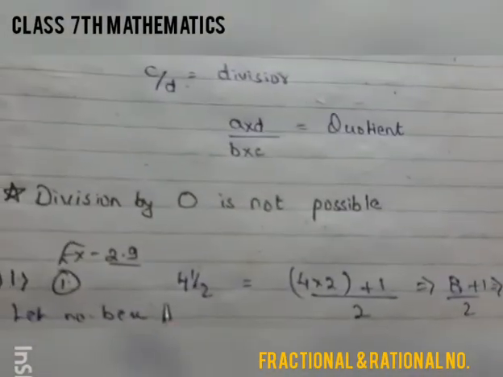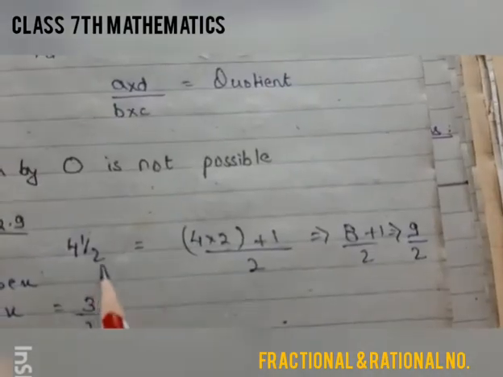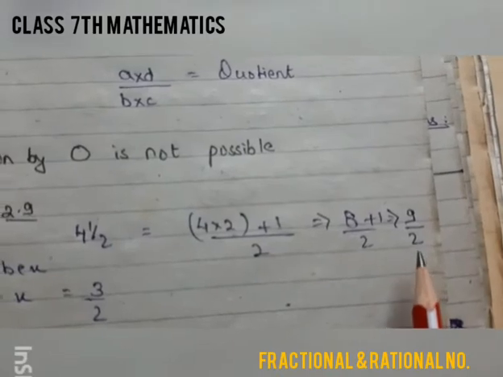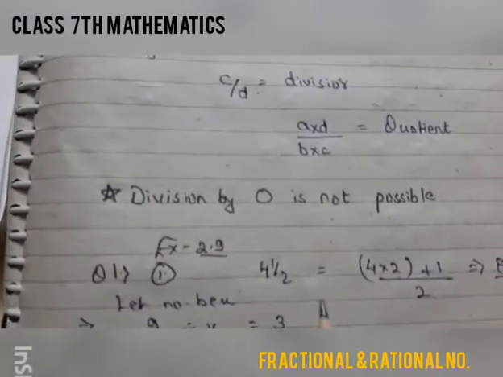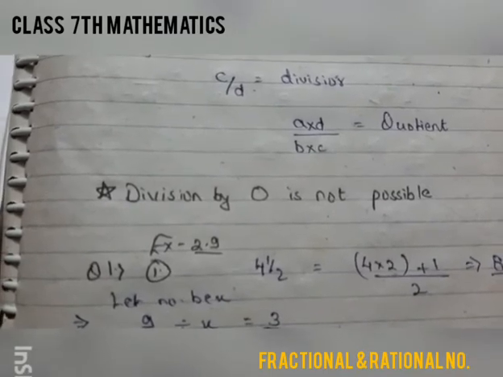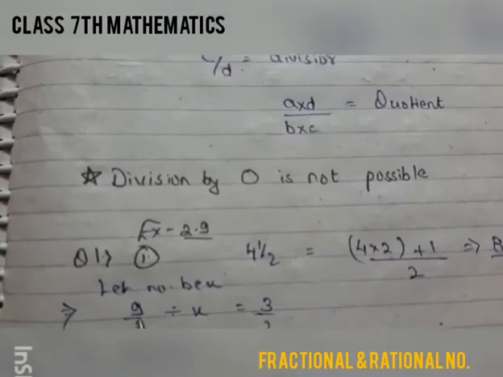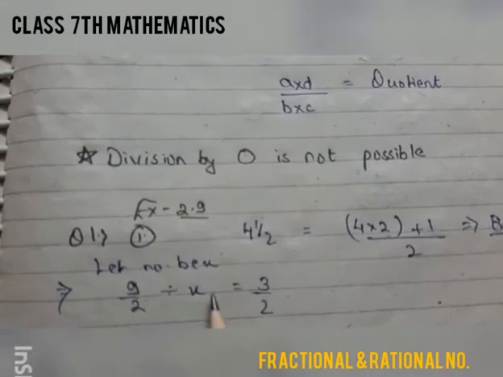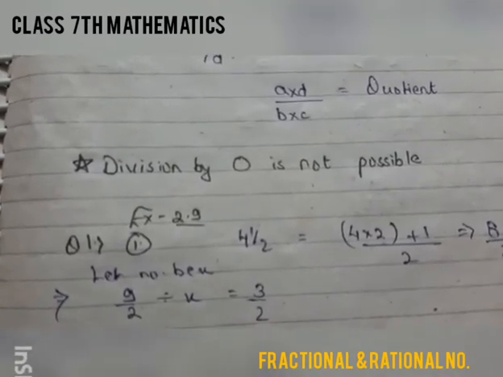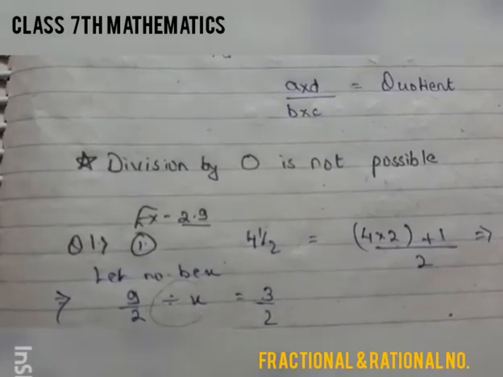So mathematically we will write it: first convert 4 into 1 by 2, 2 into 4 plus 1, this will be 9 upon 2. Now the second rational number, since it's not given, assume it as x. So first rational number divided by second rational number, the answer is 3 upon 2. This is given in the question. We need to find the value of x.